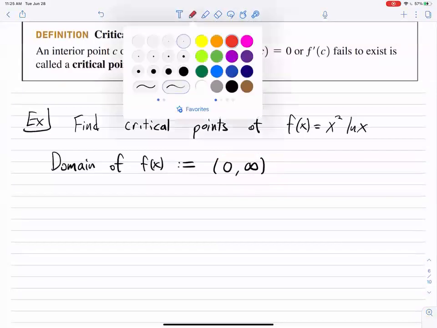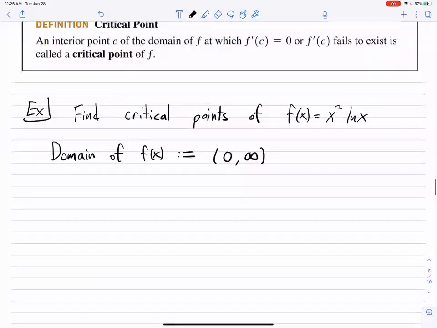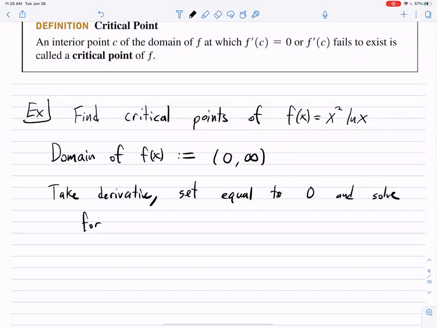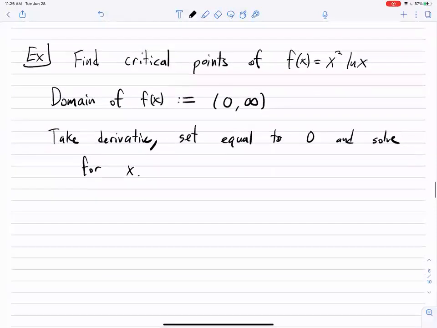Now, in order to find the critical points, what we do is take the derivative, set it equal to 0, and solve for x. That's how we find the critical points.